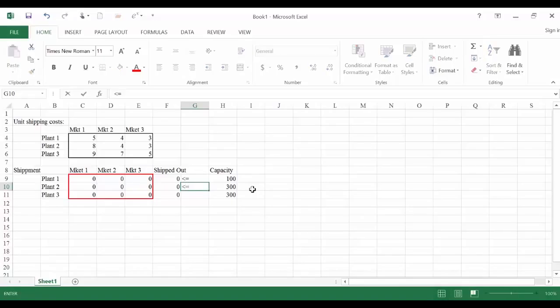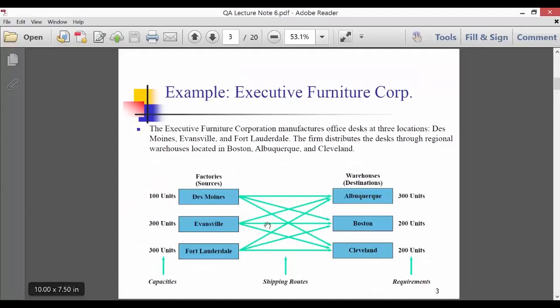In total, this company can produce up to 700 units of the product. And also there is the demand, the demands from each of the different markets. That's another group of constraints: 300, 200, and 200 units.